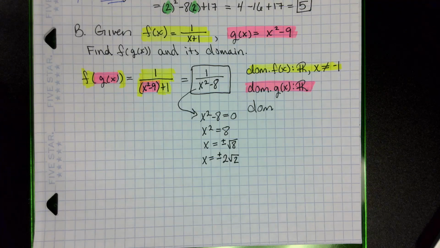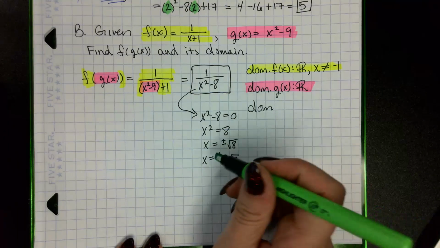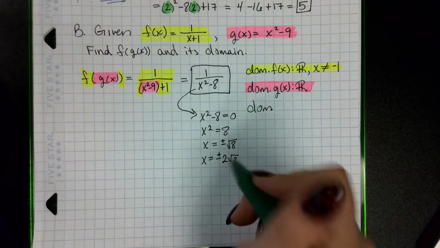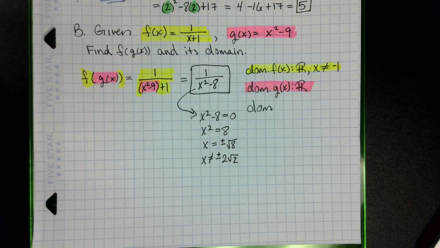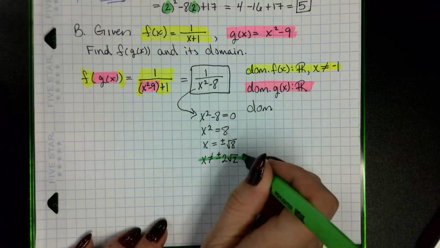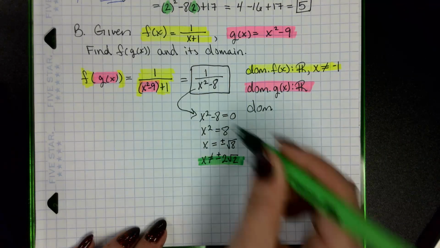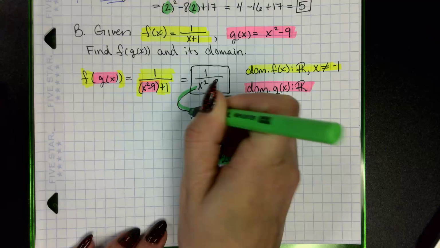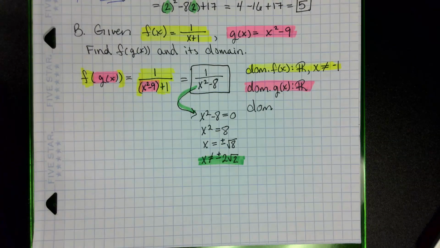If you want to simplify it every time, that's fine, but you're going to write that number a lot. So just 2 square root 2. That is the square root of 8. So x cannot equal those values, because that's what makes this denominator equal to 0, and we can't have that.